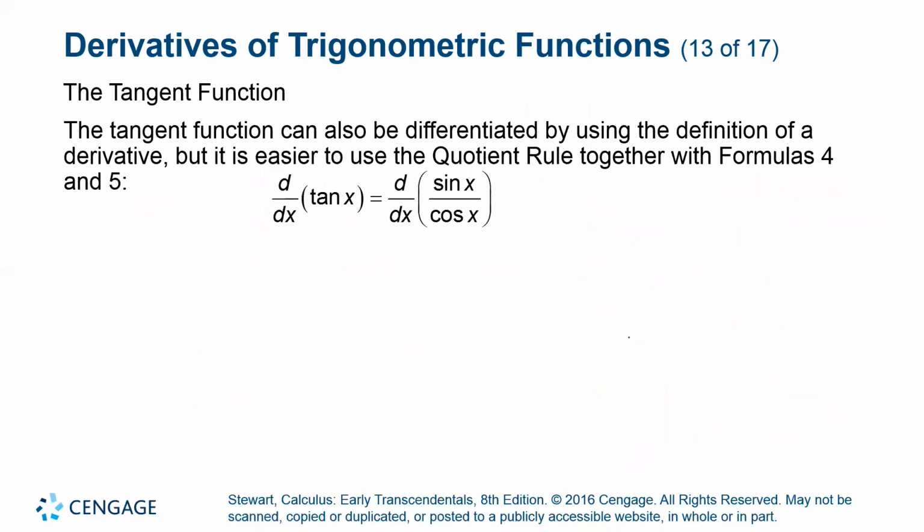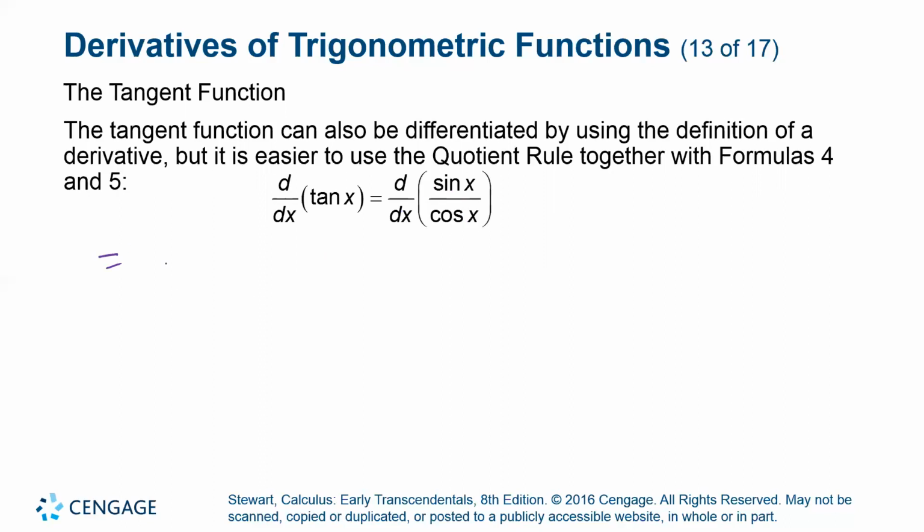Now, for the derivative of a tangent, since I know how to do the quotient rule, and I know the derivative of sine and cosine, I can use that to prove the derivative of tangent and find what it is. Because tangent is sine over cosine, I can use the quotient rule on this. So let's try that.